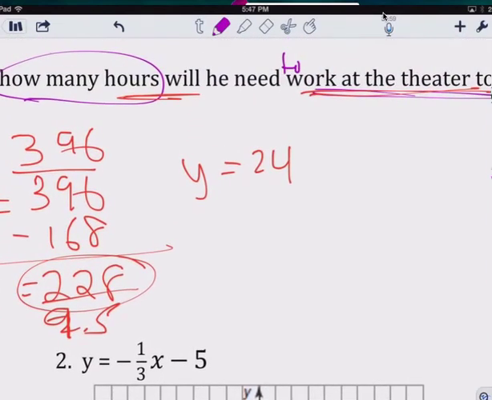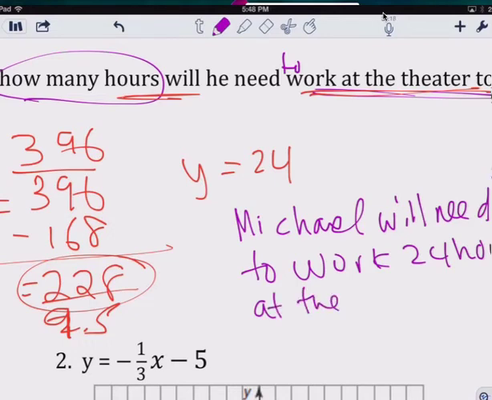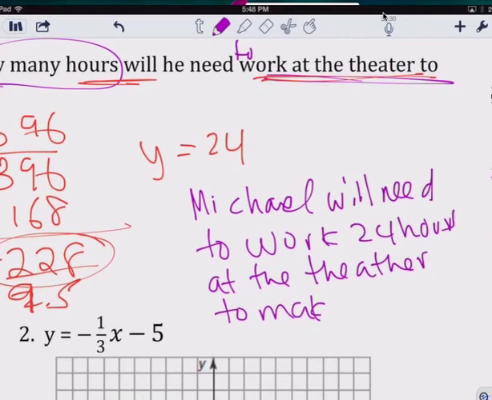So Michael will need to work 24 hours at the theater to make $228.